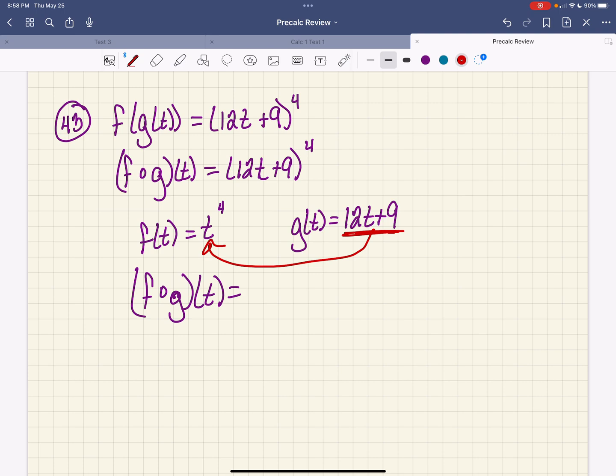And so we have to make sure it works. So if I take 12t plus 9 and plug it in for t, will I get my original? And we do. Okay, so my answer here is that f of t is t to the 4th and g of t is 12t plus 9.